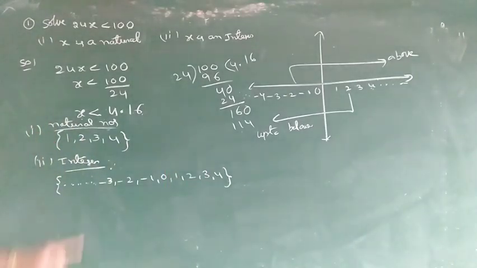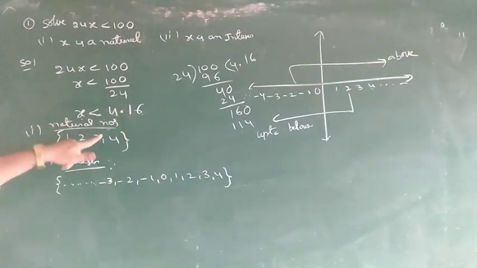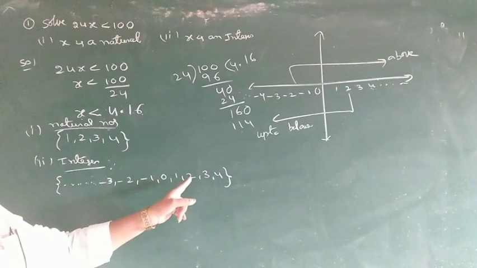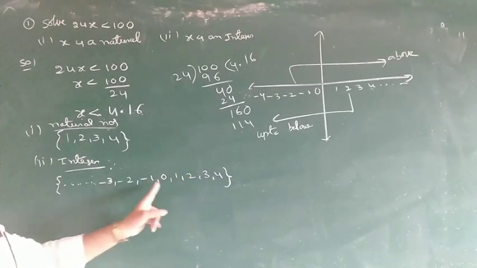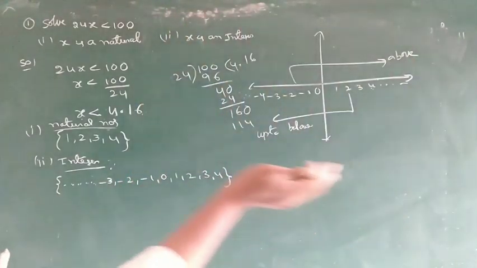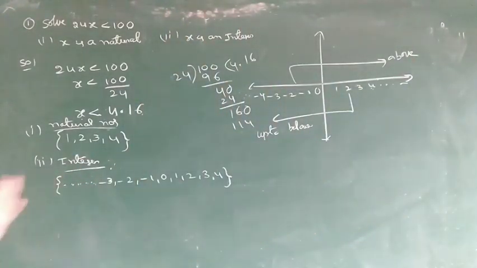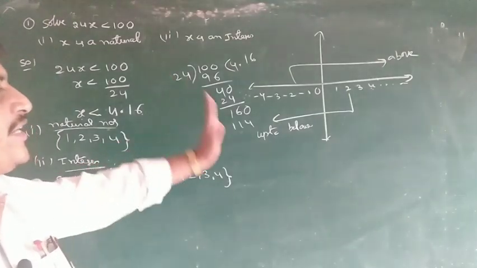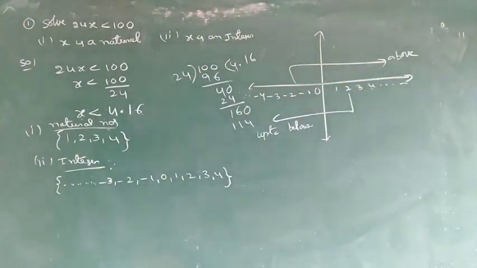So below 4.16 the integers are 4, 3, 2, 1, 0, minus 1, up to minus infinity. Below means positive to negative; above means negative to positive. This is the first question.